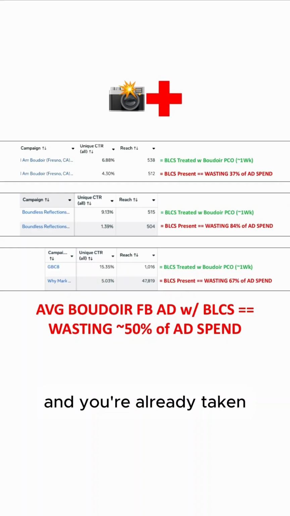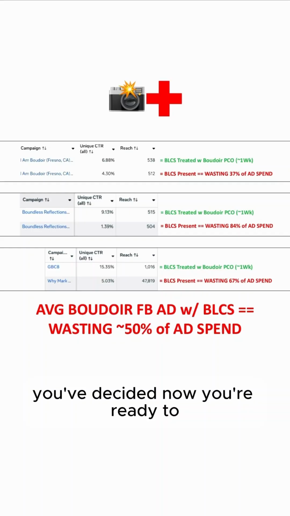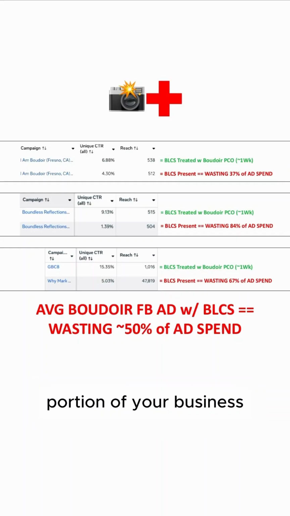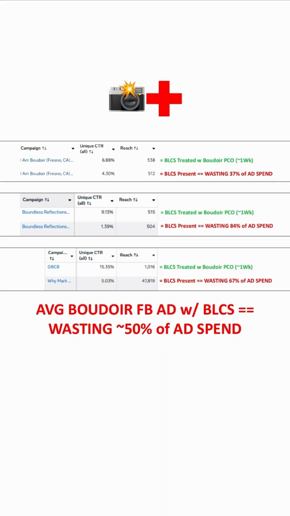And you're already taking steps to optimize your current business, pull more profit out of it from other areas of the business. You've decided now you're ready to pull profit out of the Facebook ads portion of your business, optimize that, and actually pull some profit out.